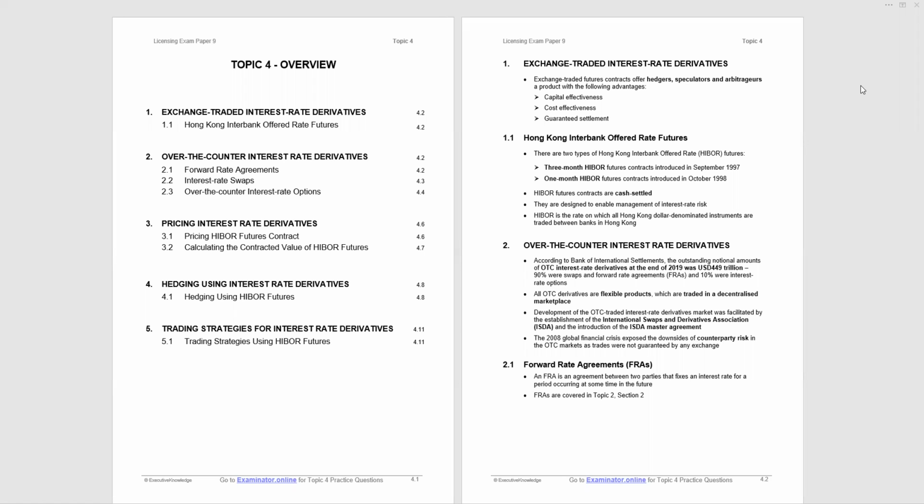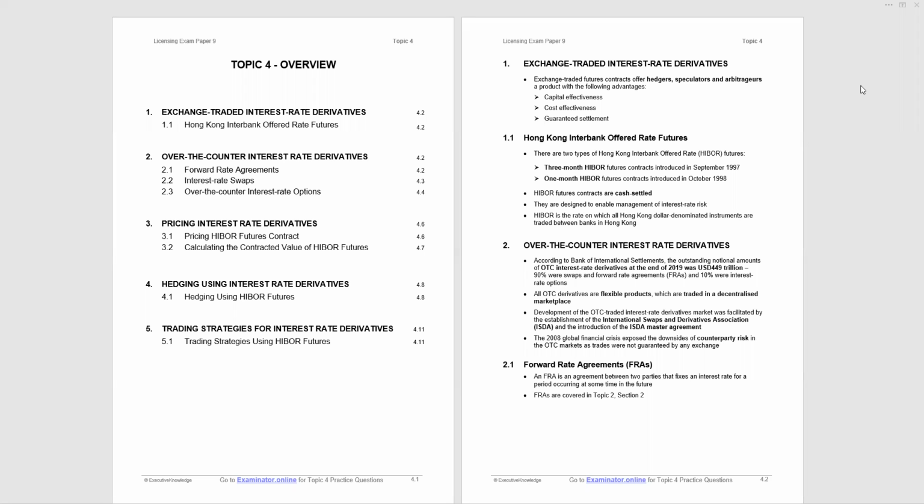And there are two types of futures, 3-month HIBOR and 1-month HIBOR. We don't have to worry about when they were created, but we will be dealing with those two products later in topic 4.